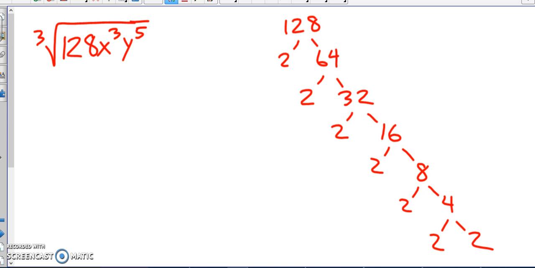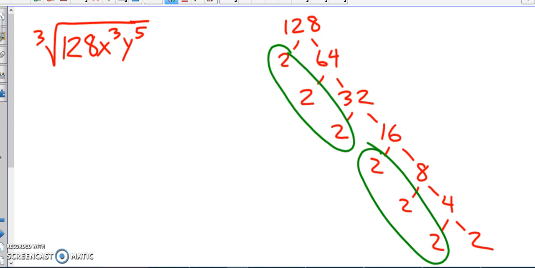This tree is somewhat lengthy. So anyway, since we're doing the cube root, we circle triples. So that would be a set of 2's, and another set of 2's with a 2 left over. Notice that x cubed would be x times x times x.